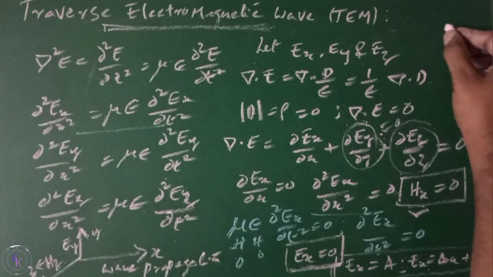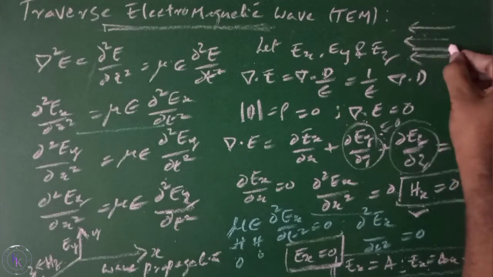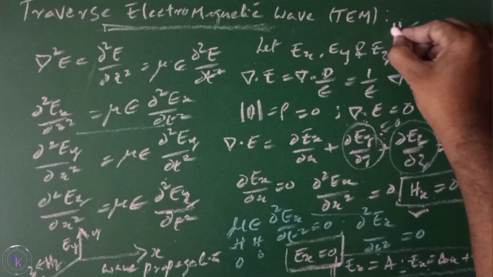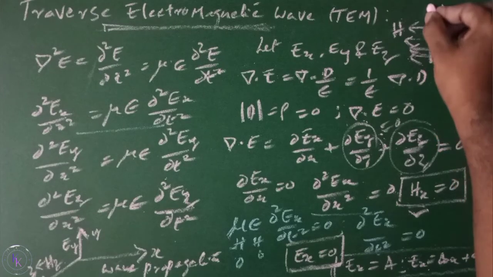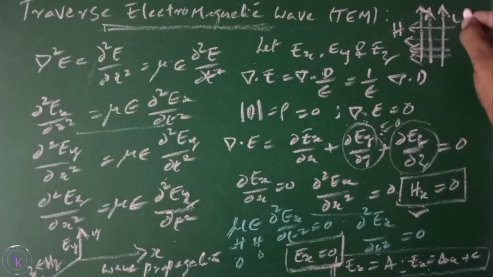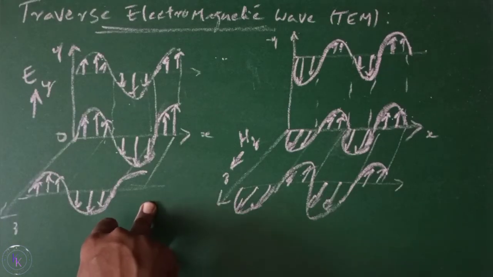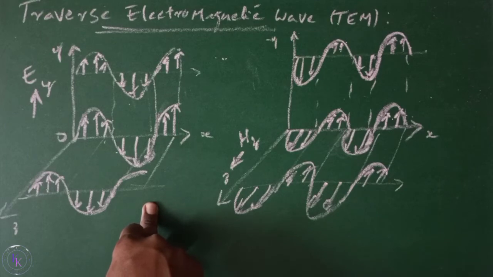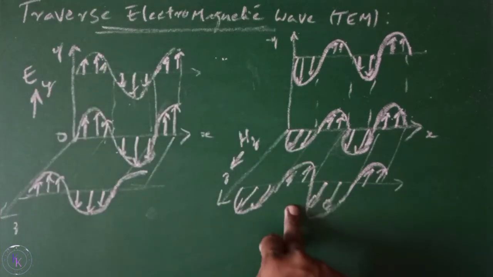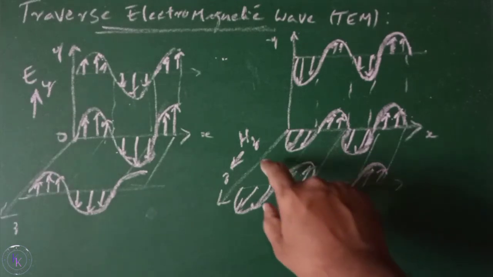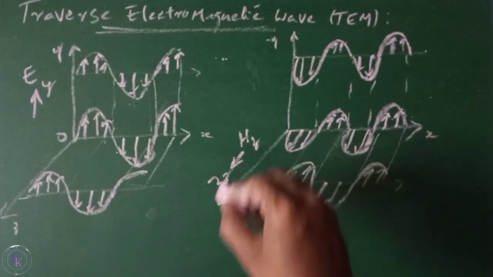If the propagating wave is coming towards us, the magnetic field vector H is coming from our right to left, and the electric field vector E is coming from bottom to top. This is the plot of Ey in a plane parallel to the x axis and xy plane. Instantaneous values of Ey are along OY. Similarly, this is the plot of Hz in a plane parallel to the x axis and xz plane. Instantaneous values of Hz are along the z axis.